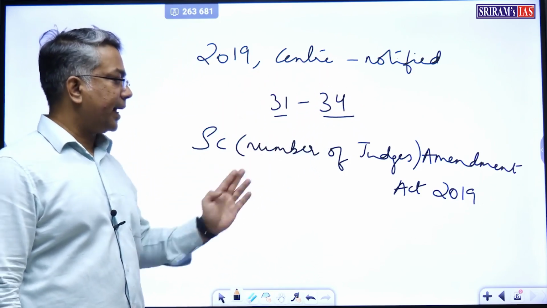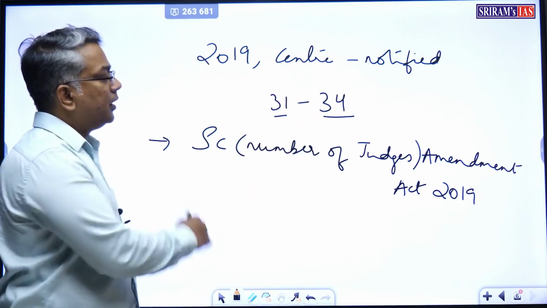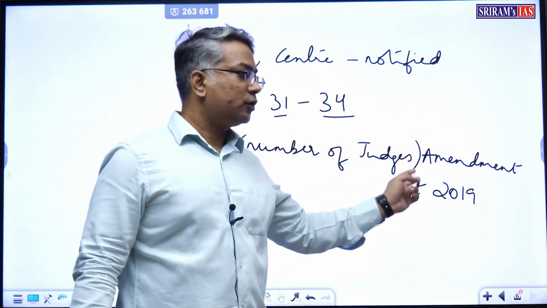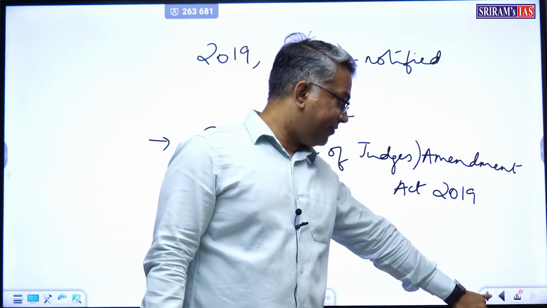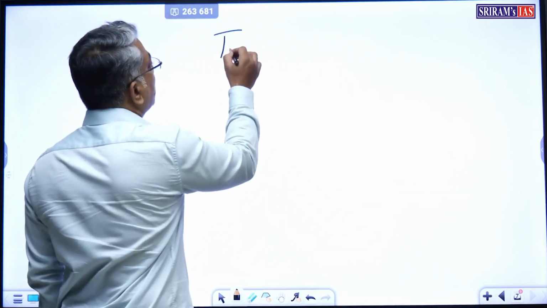This followed the enactment of the Supreme Court (Number of Judges) Amendment Act 2019. So now the present strength is 34. Having understood the strength, now let us talk about the tenure.